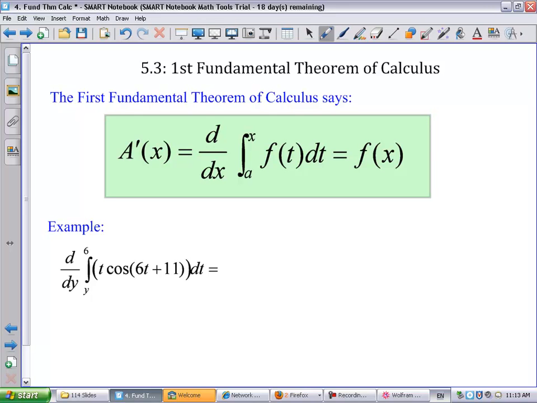But the theorem says you have to have the variable on top and a number on the bottom. We have a variable on the bottom and a number on top. Is there a way to put the 6 on the bottom and the y on the top? Yeah, that was one of our properties of integrals, right? If we switch them, we're allowed, we just have to put a negative sign out front.